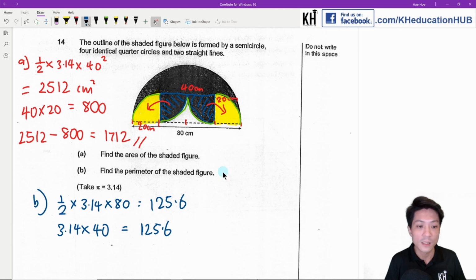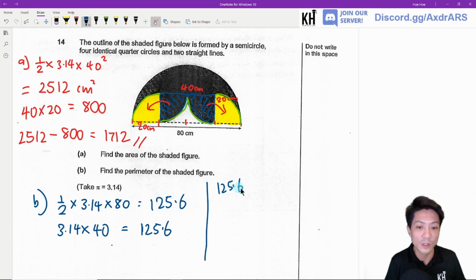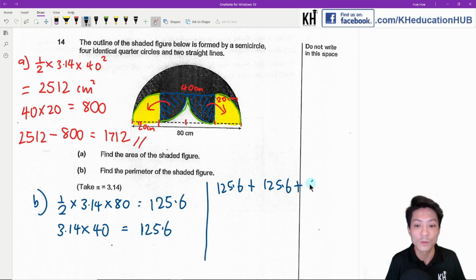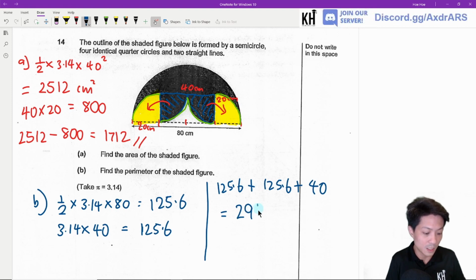The last step would be to use 125.6 plus 125.6, and plus these two parts, which is 20, which is 40. That will be 291.2 cm.